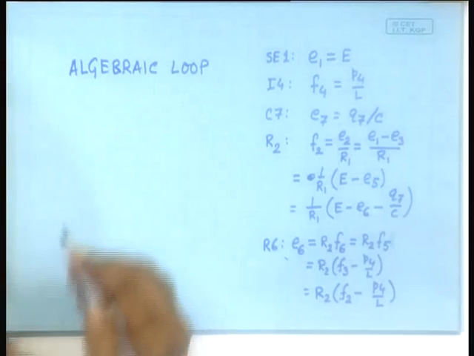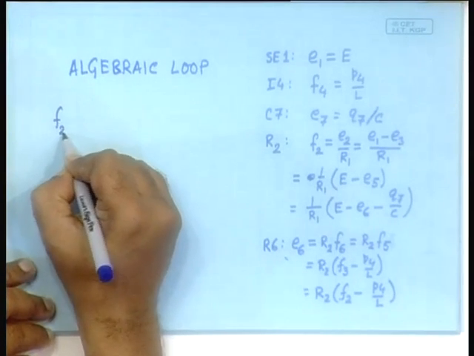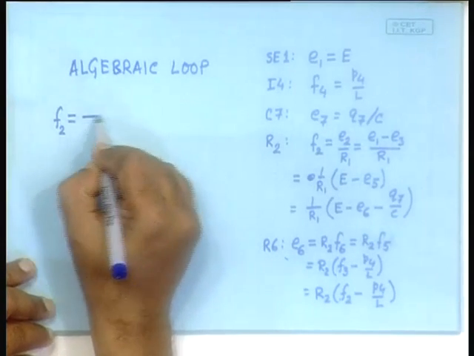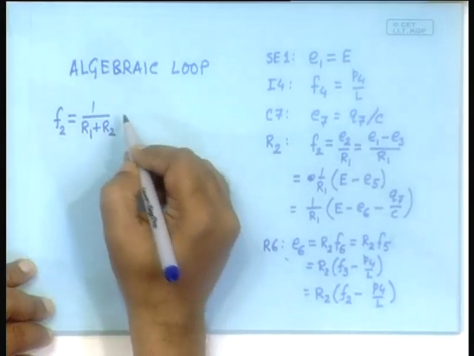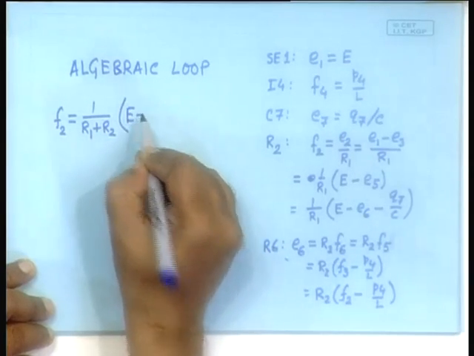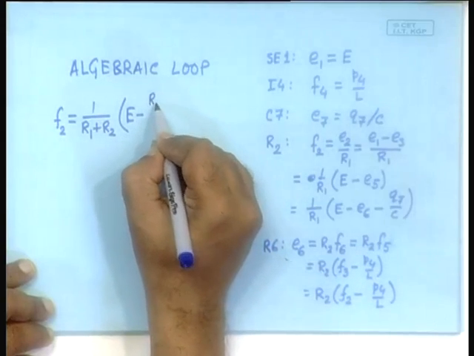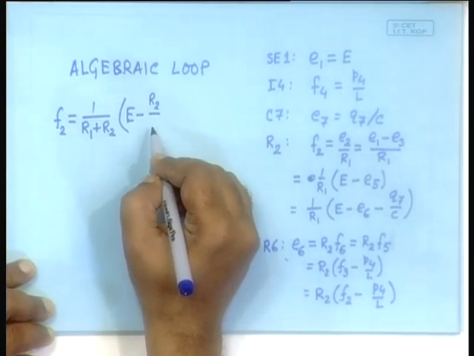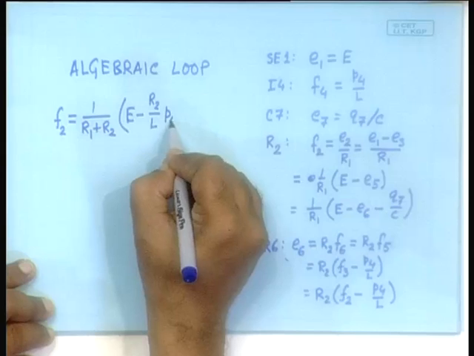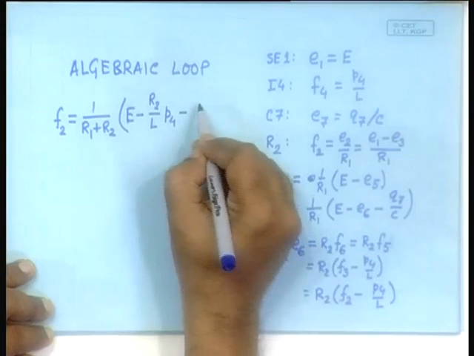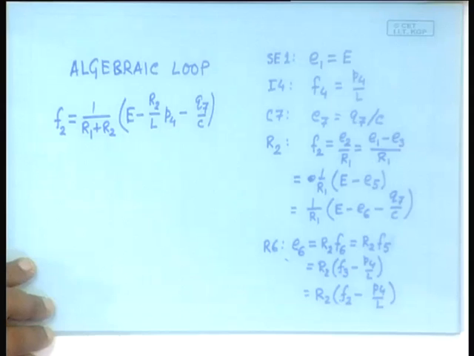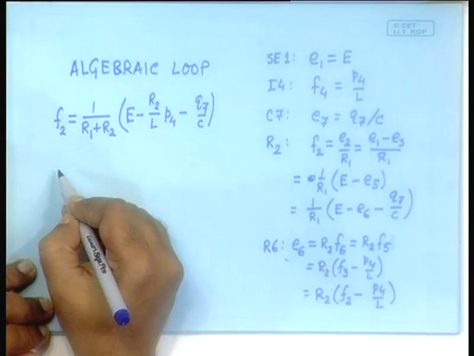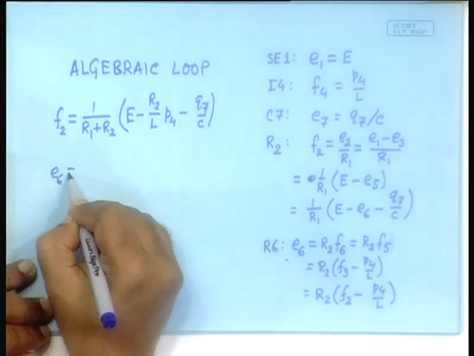It will require a small bit of algebra. I think it will be F2 is equal to 1 by 1 plus R2 times E minus, and E6 is equal to.